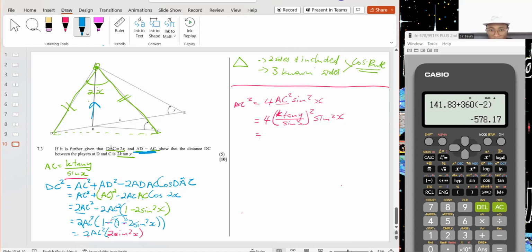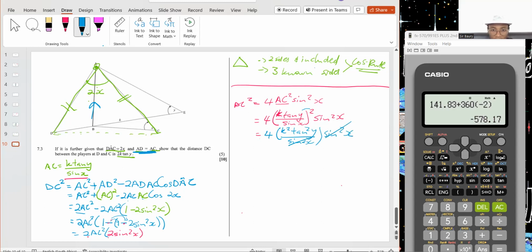If I look at this, this square is going to be K squared sine squared y over sine squared x, then sine squared x.